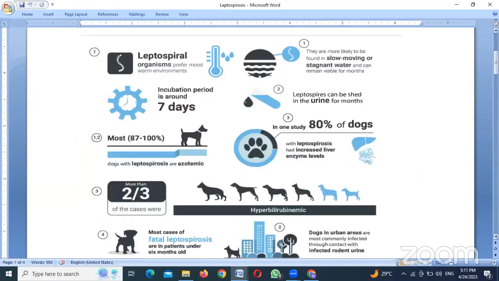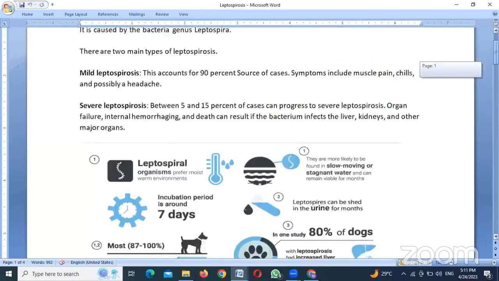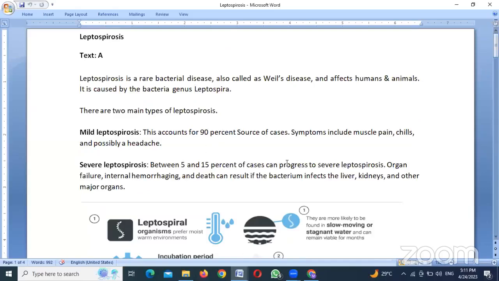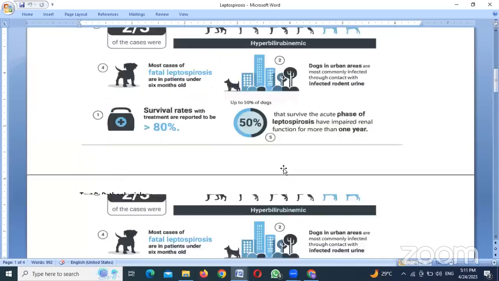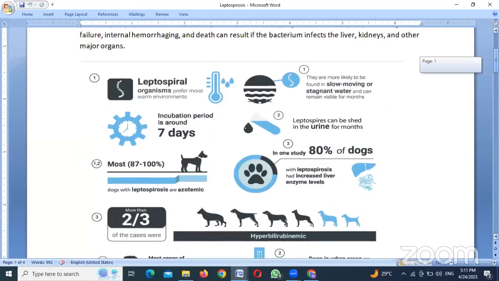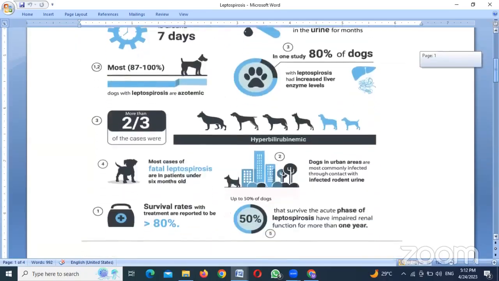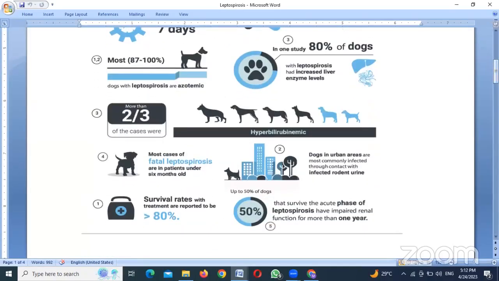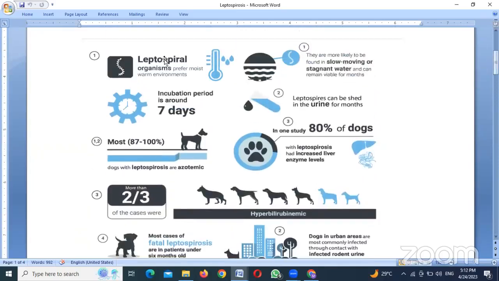This picture is about leptospirosis, but we don't know what is in the picture. You can see there is numbering, 1 here, 1 and 2 here, then 2 here, 3 here, maybe some cycle, or maybe they're just giving some general information. Here they are talking about the leptospirosis organism, about temperature.